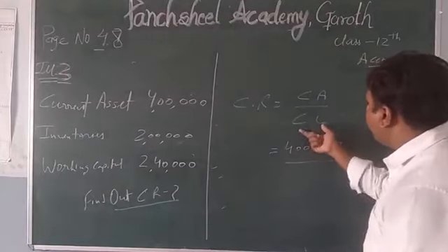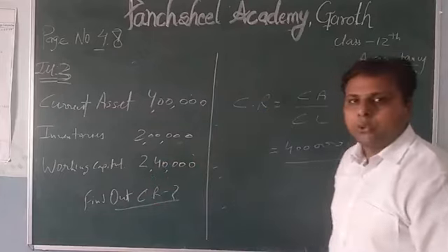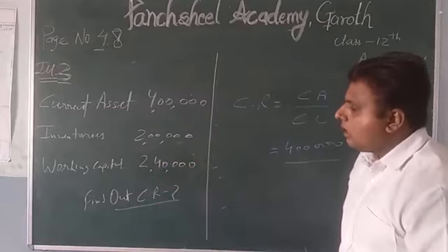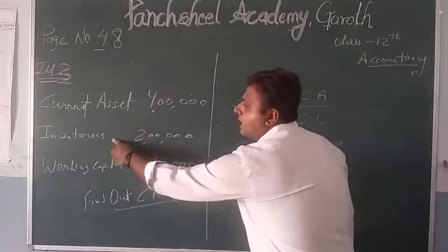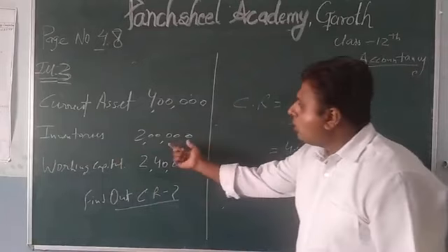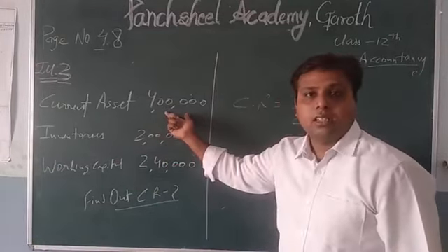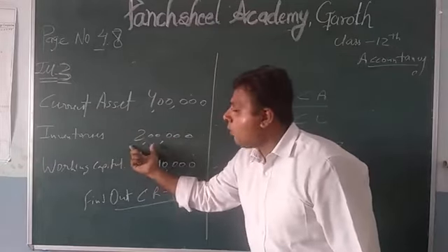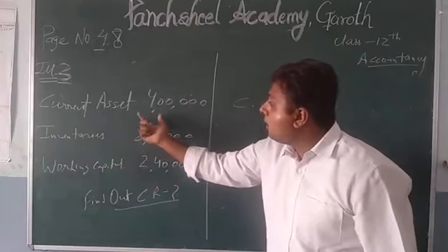Now current liability, but the current liability is not given to us. And second thing, inventory is also part of current assets. So this 2 lakh is already included in 4 lakh. We don't have to add it again.